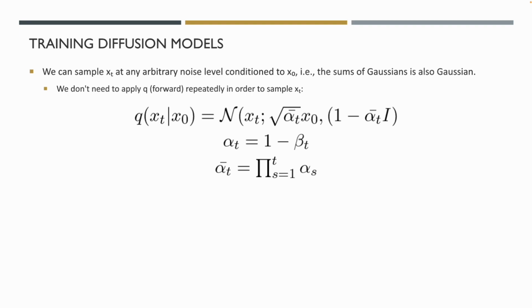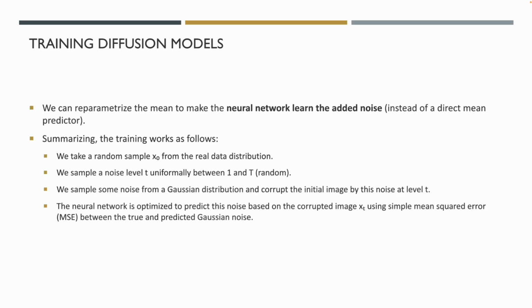Also notice that the alpha hat of t are functions of the known beta t variance schedule, and those are also known and can be pre-computed. Thanks to the nice property that we have mentioned before, which is explained in more detail in the original papers, we can reparameterize the mean to make the neural network learn the added noise, not the direct mean predictor.